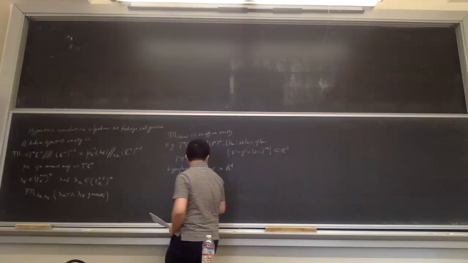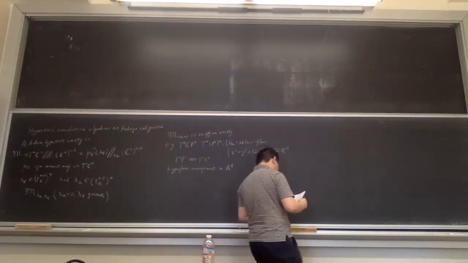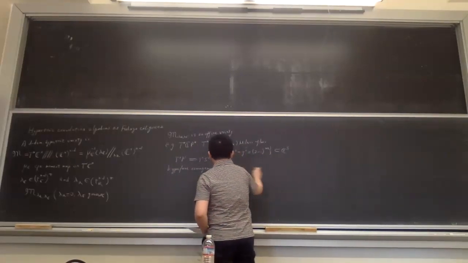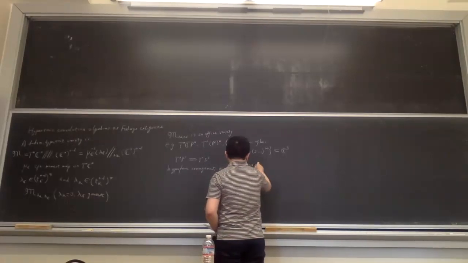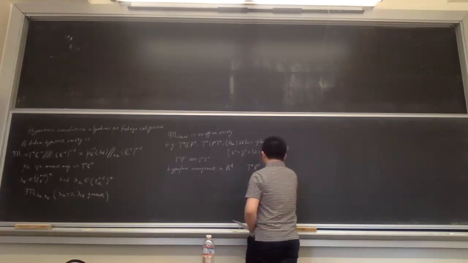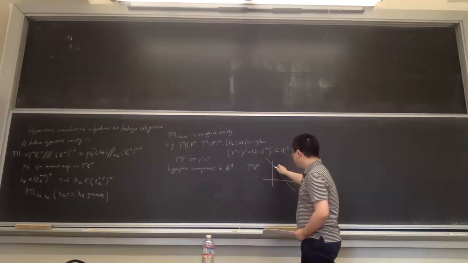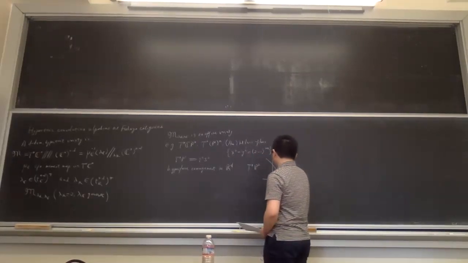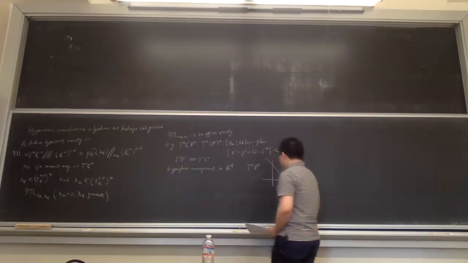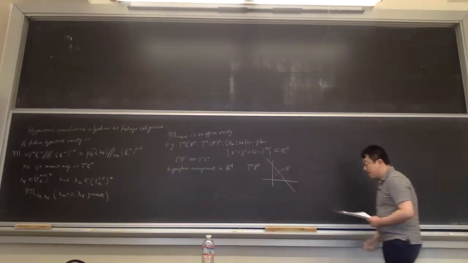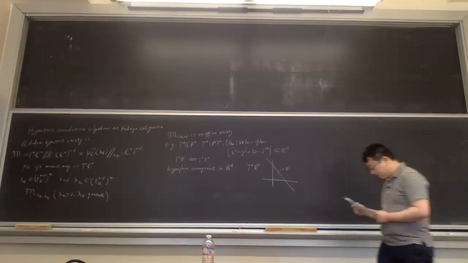Because our hypertoric variety is d-dimensional, it's inside R^d. So, for example, if we take the cotangent bundle of CP^2, then the corresponding hyperplane arrangement is this one. You can see the P^2 from this picture, which is just this triangle, the moment polytope of P^2.